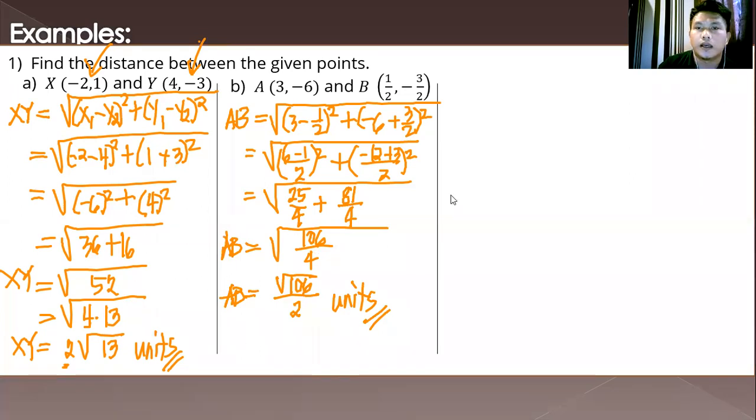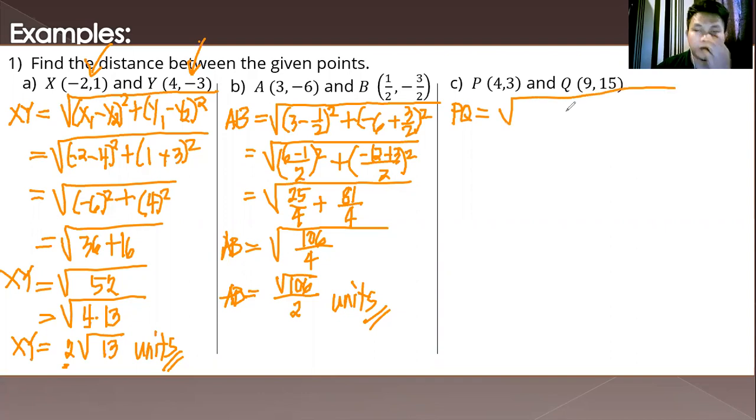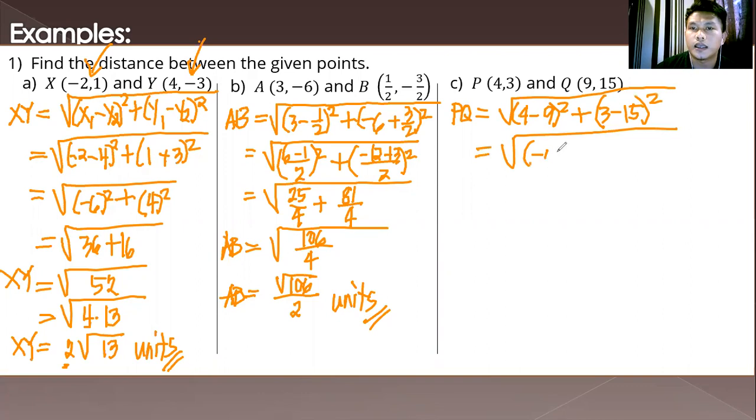Okay, so let us have letter C. For letter C, we have here segment PQ. Okay, to get the segment PQ, that is the square root of, we have 4 minus 9 squared plus 3 minus 15 squared. So that is equal to the square root of 4 minus 9, so that is negative 5 squared plus 3 minus 15, that is negative 12 squared.